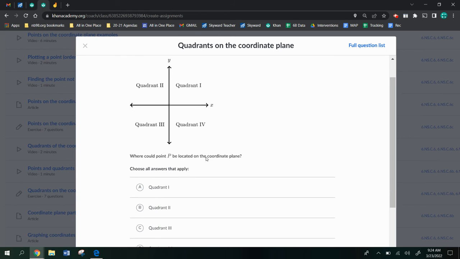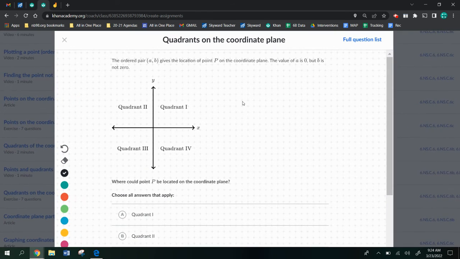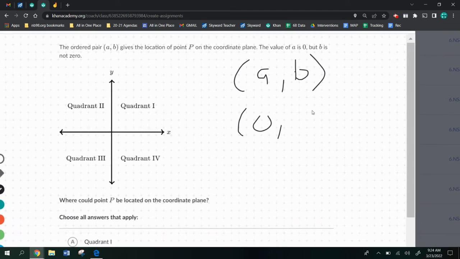So they're giving me a generic point A, comma B. The value of A is 0, so that means A is always going to be 0. But B is not 0.